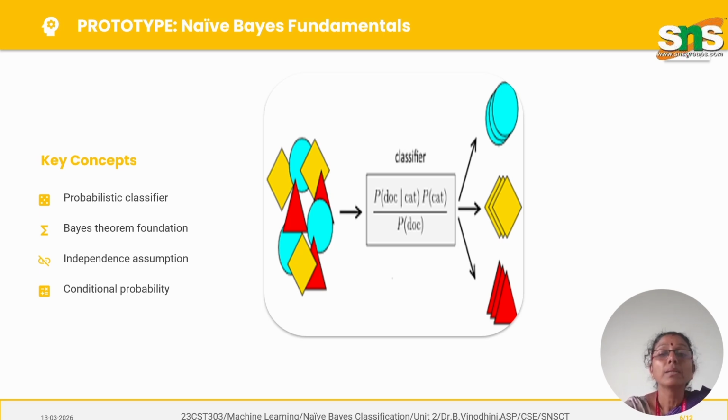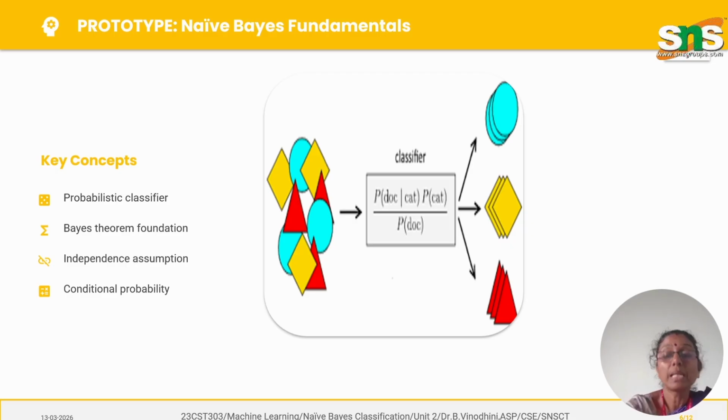Next, we have to find the conditional probability. For example, we have to find out whether a particular animal is a cat or a dog based upon the prior probability, the event occurrences of the particular cat, and also the total number of occurrences of the class labels.